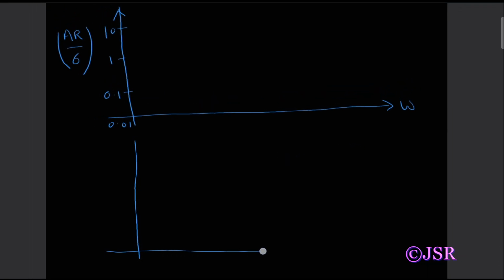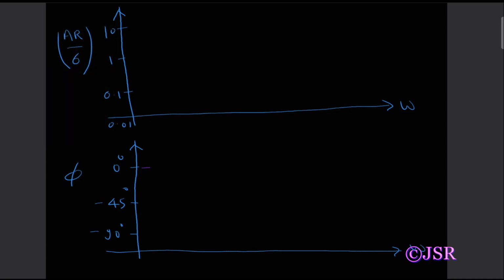And in the phase plot we will have x-axis as omega and y-axis as phi. So here we will have 0 degree, here we will have minus 45 degree, and here we will have minus 90 degree.